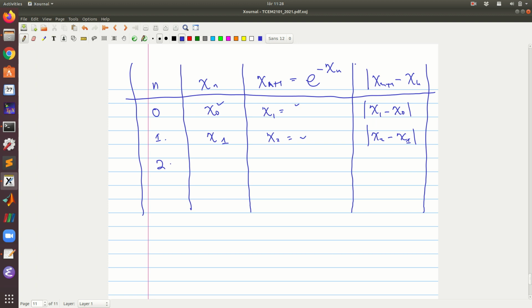When n is 2, we have x2, then we have x3, which you compute: x3 equals e to the minus x2, this is e to the minus x1, and then this is e to the minus x naught. The values you already have here. Remember, this is x1 here, so it will come here.